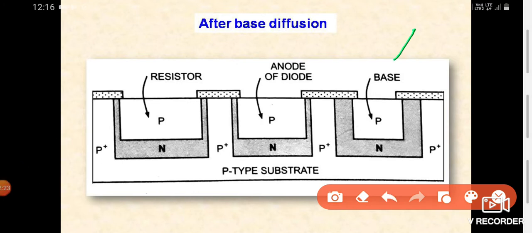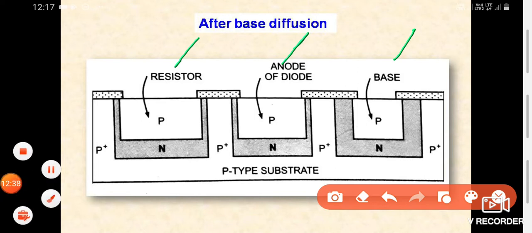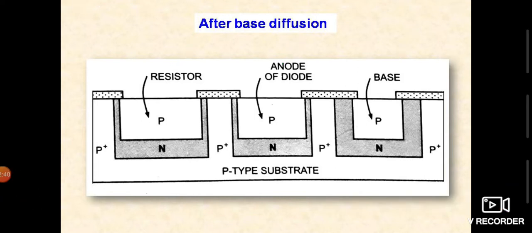Then the p-type region also forms the anode of the PN junction diode. Then at the leftmost part, the resistor is also formed by the p-type region. I suggest you draw this picture in your copy.